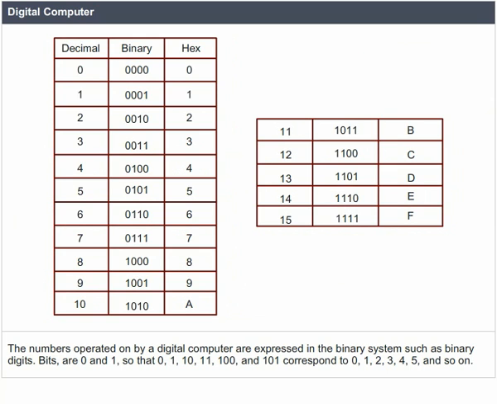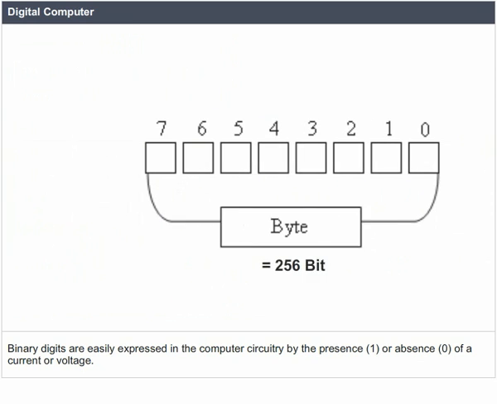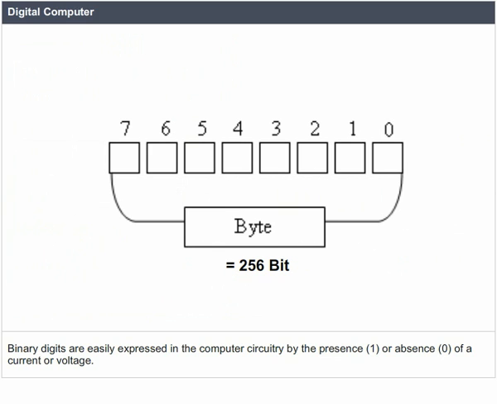Bits are 0 and 1, so that 0, 1, 10, 11, 100, and 101 correspond to 0, 1, 2, 3, 4, 5, and so on. Binary digits are easily expressed in the computer circuitry by the presence (1) or absence (0) of a current or voltage.